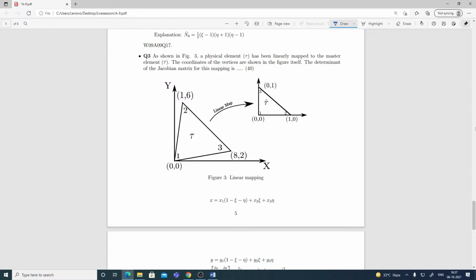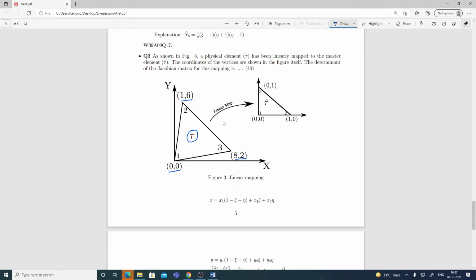So let's come to question number 3. If you have any query, you can post it here. Here a physical element is given, and the coordinates x and y of each of these nodes are mentioned here.